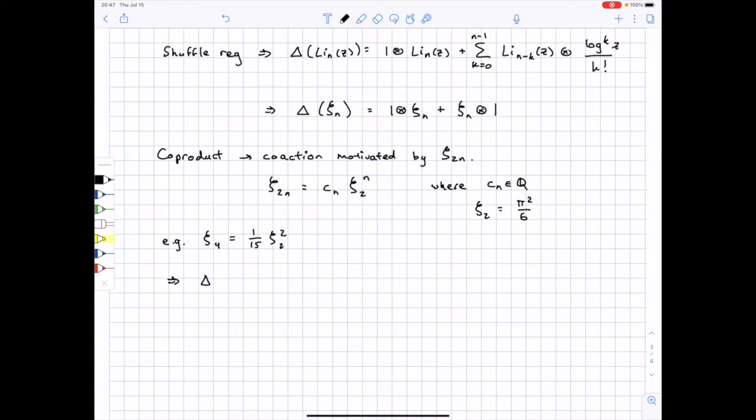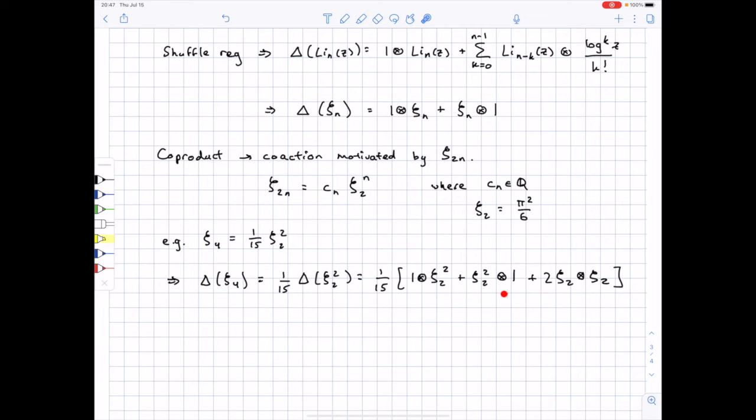Therefore, just by computing the coproduct according to what we had above, using the shuffle regularization and just this formula here, we would arrive at comparing it with the coproduct on zeta 2 squared, and this now is the square of its coproduct, so it's 1/15 times 1 tensor zeta 2 squared plus zeta 2 squared tensor 1 plus 2 zeta 2 tensor zeta 2.